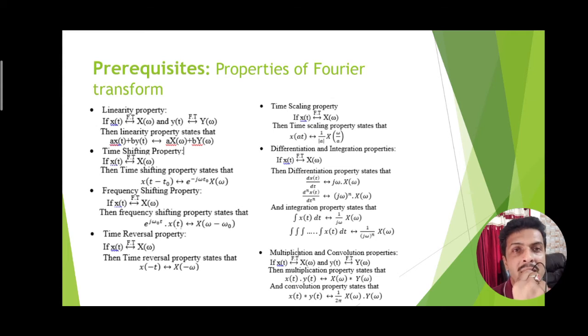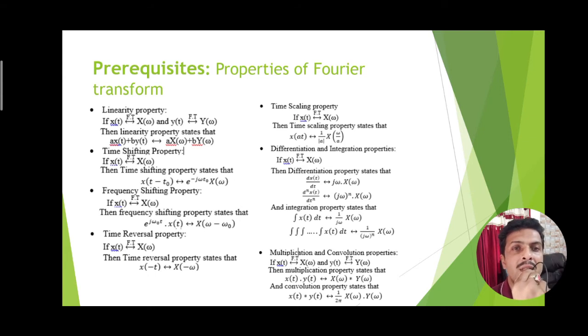That means x(t) has a spectrum X(omega), y(t) has a spectrum Y(omega). So if you take the Fourier transform on the left hand side, you will not get any difference in the scales of the constant values, but the corresponding spectrum you will get.